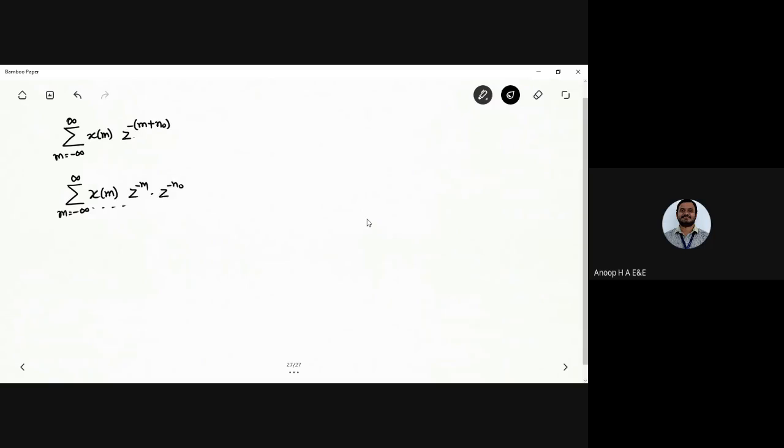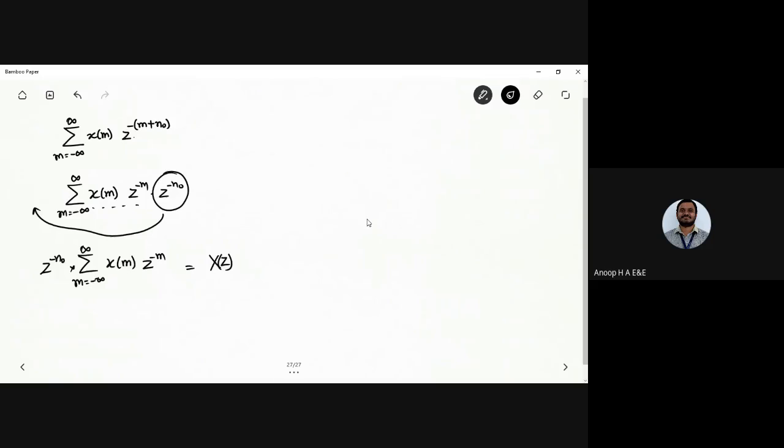I can keep these two things and take this one as the common factor outside the summation. So I have the sum over m from minus infinity to plus infinity of x of m z power minus m, with z power minus n naught being multiplied.